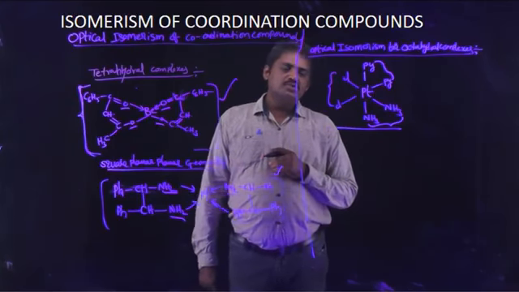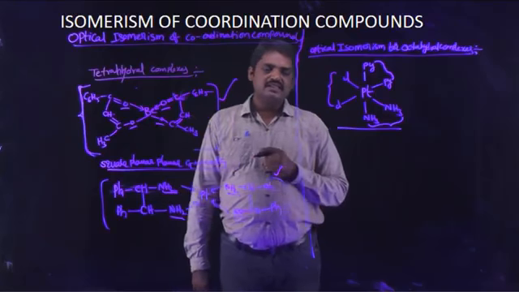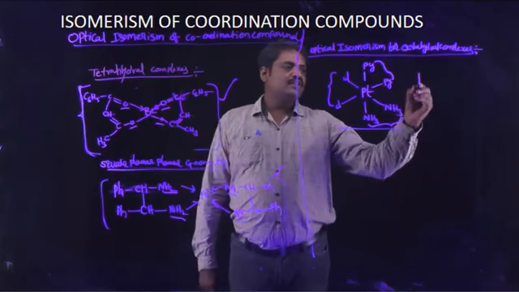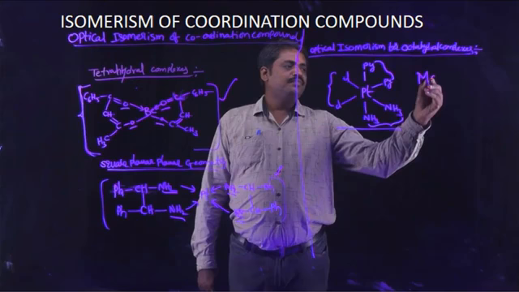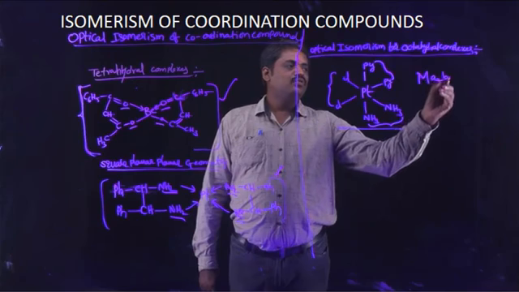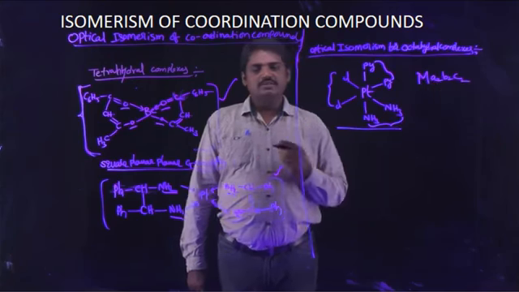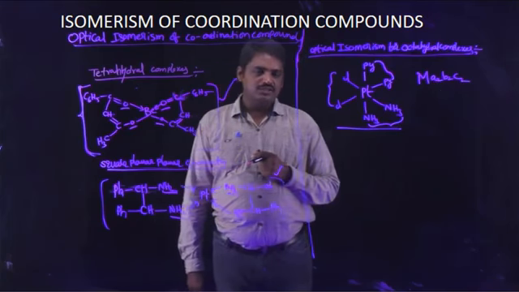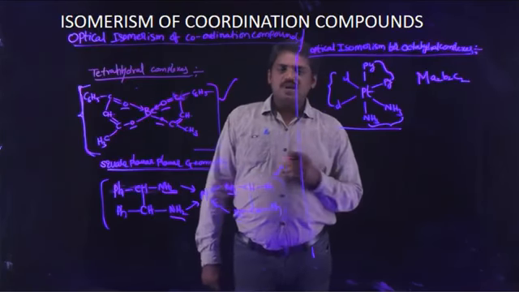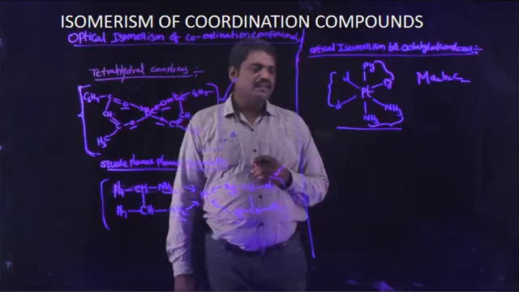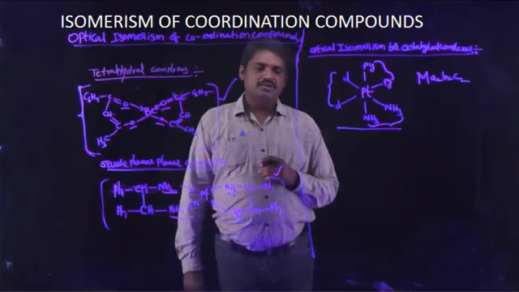So clearly observed, the general formula of this type of complex is Ma2B2C2. This type of complex exhibits optical isomerism.